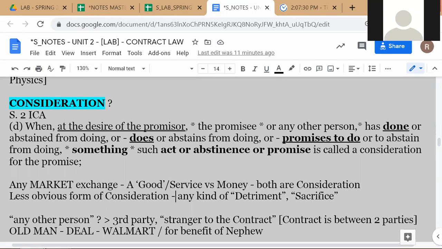So I prefer that you think of this very broad definition, and this broad idea of detriment is so broad that it can even capture the more specific, obvious and tangible forms of consideration, where you are buying potatoes for money, or buying coffee for money, or paying the plumber to fix a broken kitchen sink. Fixing the kitchen sink is the consideration flowing from the plumber. That's a service, and the money you pay to him is the consideration flowing from you.